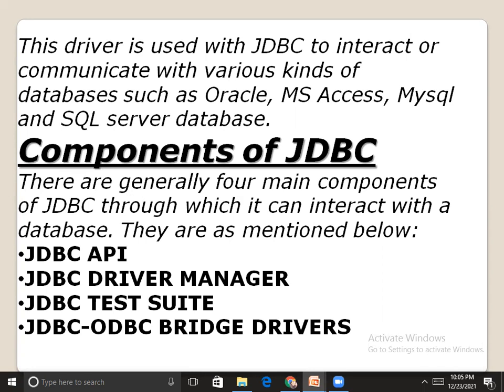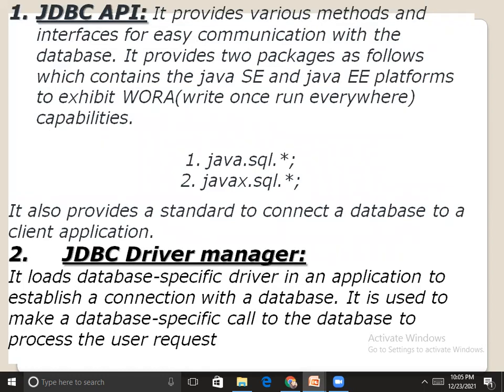Components of JDBC. There are generally four main components of JDBC through which it can interact with the database. They are as mentioned below: JDBC API, JDBC driver manager, JDBC test suite, and JDBC-ODBC bridge drivers. First, JDBC API. It provides various methods and interfaces for easy communication with the database.